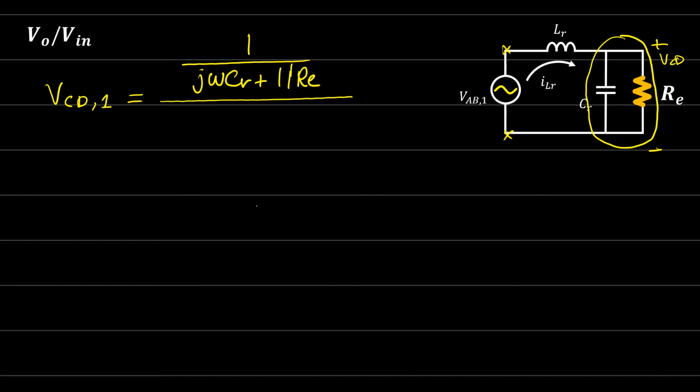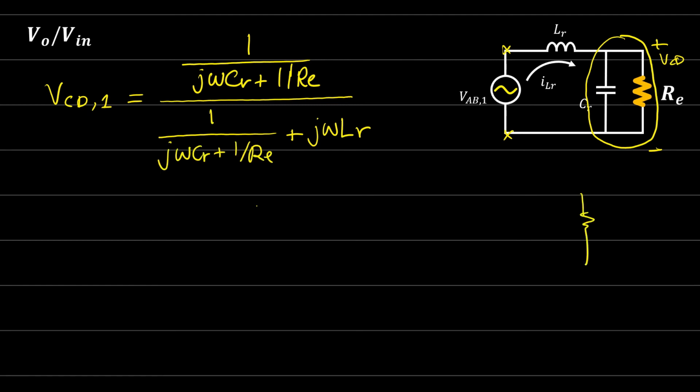So this is the equivalent impedance for the capacitor and the resistor on the output. All of this should be over the same impedance plus the reactance of the inductor, plus j omega L_R, right?